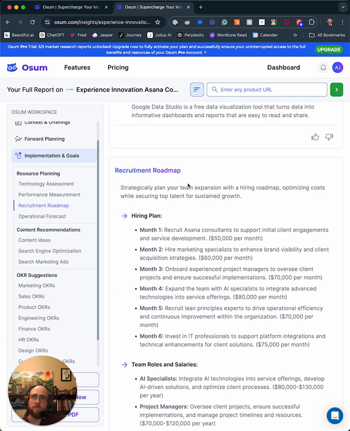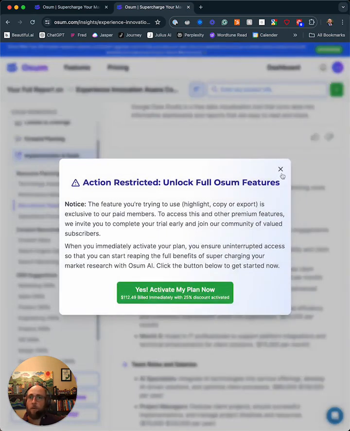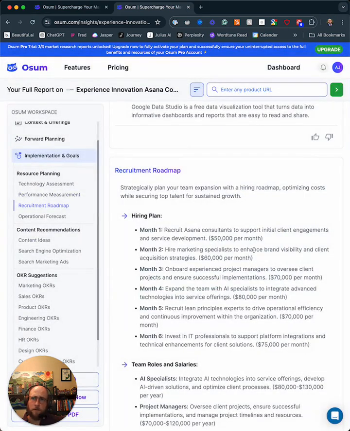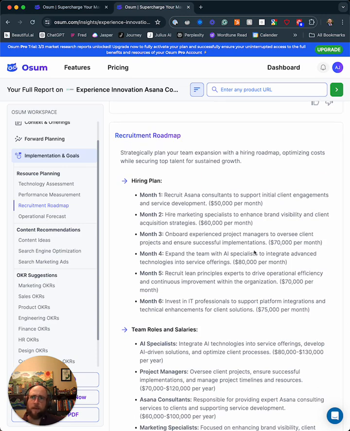In terms of our recruitment roadmap, I thought this was quite interesting. We're getting into $50,000 a month or $600,000 a year, which seems insane to me to talk about. But we 50,000, 60,000, 70,000. Man, we're spending big money here.